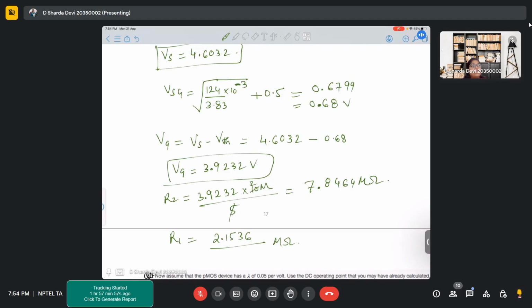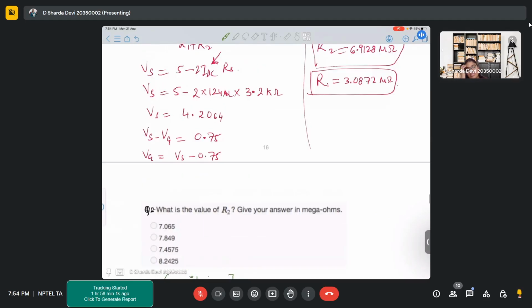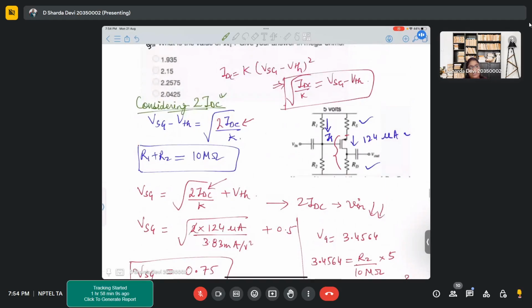But ideally, because these are resistors, they are generally used for DC biasing. And the current is already fixed. So across this I1 path, the current does not change. It is always DC. So it is better we consider IDC only, rather than going for 2IDC, which was the condition with signal.